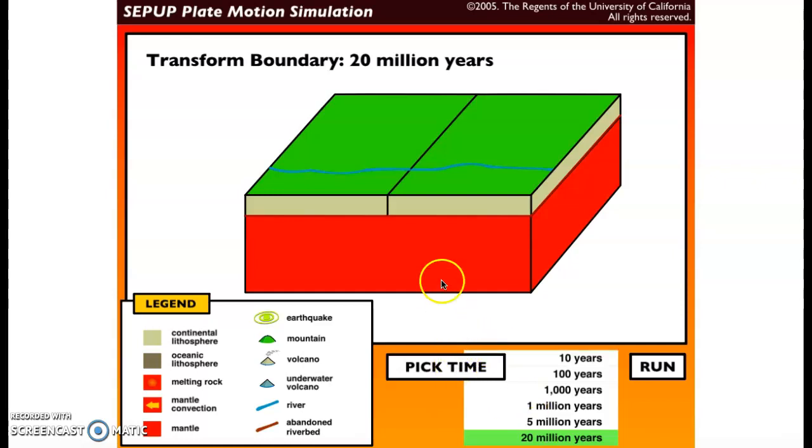But if you take a look at where we're starting, we have two plates. They are continental lithosphere. And this time I have a river running across. So watch what happens in 20 years.